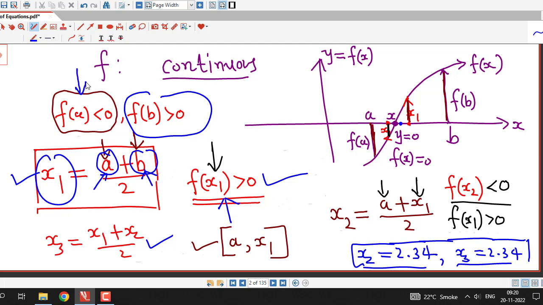So here we know that f of A is negative. So we will consider the next approximation as the average of A and x1 and that we will denote by x2.